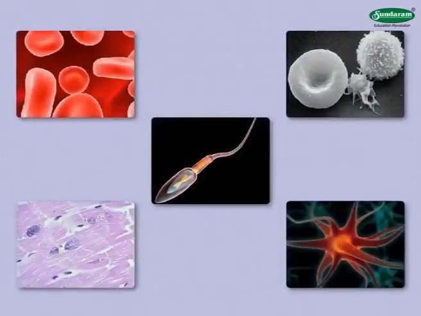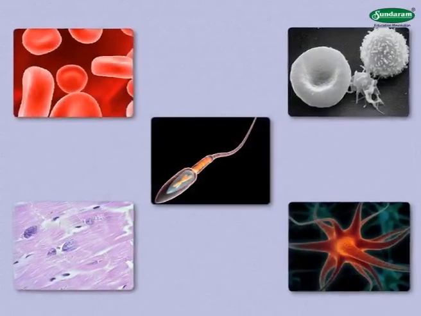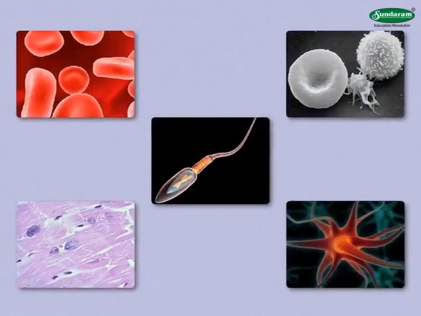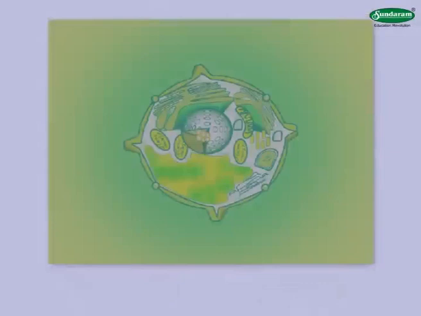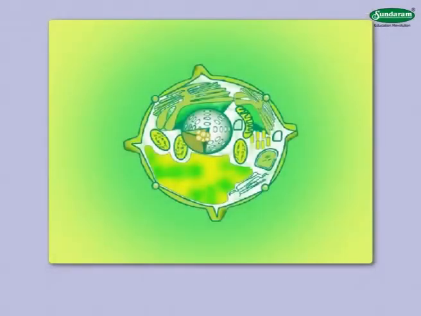As said earlier, living things are made up of innumerable cells. Each cell has a definite structure. The life processes of living things such as nutrition, respiration, reproduction, excretion, etc. are carried out through these cells. The various constituents of cell carry out these processes.